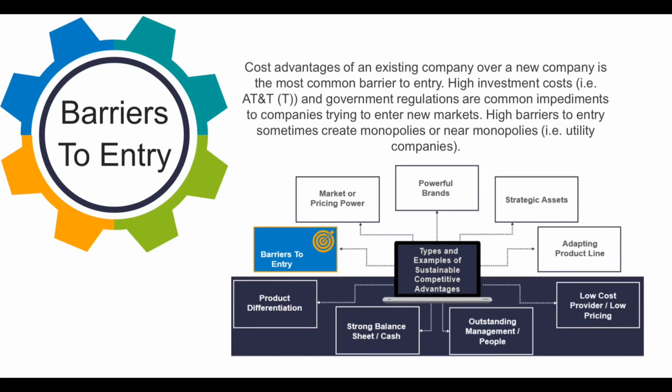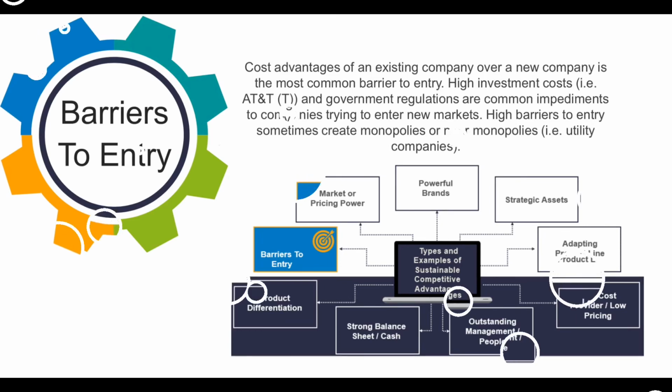High investment cost, for example AT&T, and government regulations are common impediments to companies trying to enter new markets. High barriers to entry sometimes create monopolies or near monopolies. Example: utility companies like electricity and water.